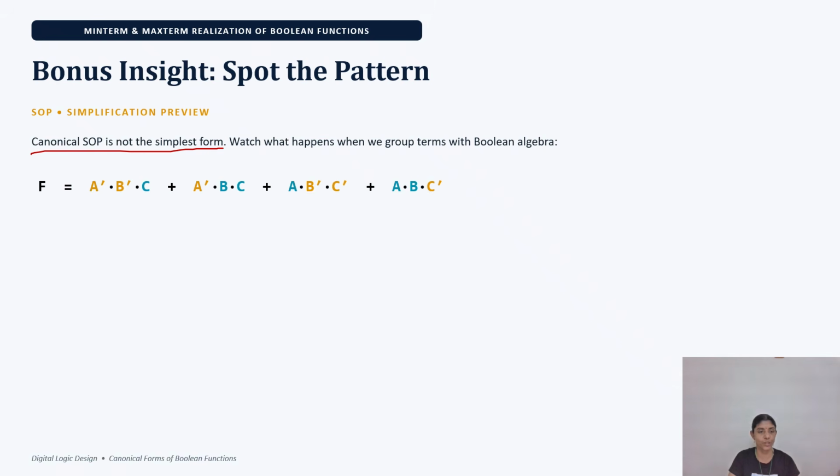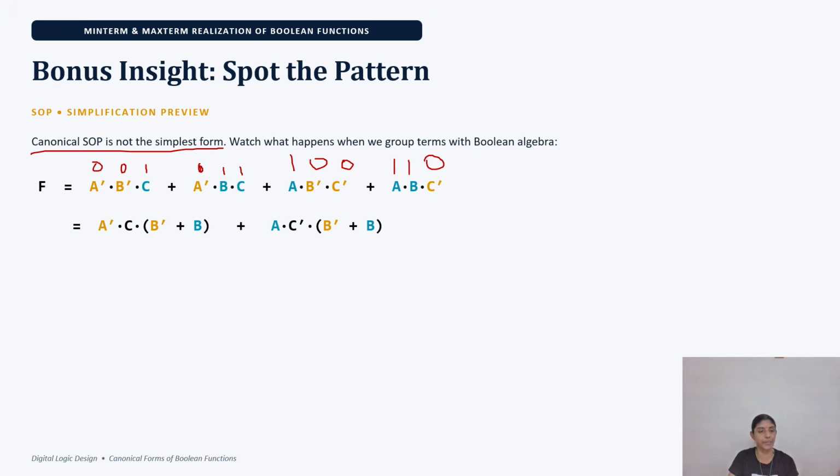This is the F you got: A' dot B' dot C, that is 0, 0, 1, plus A' dot B C, I mean 0, 1, 1. Next it is A dot B' C', I mean 1, 0, 0, plus A B C', that is 1, 1, 0, right? I mean 1, 3, 4 and 6.